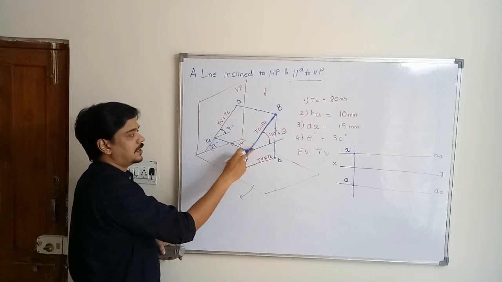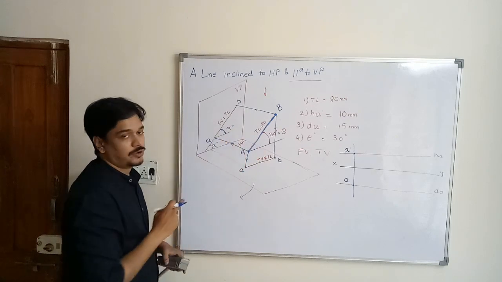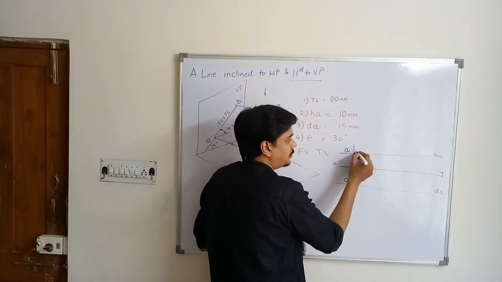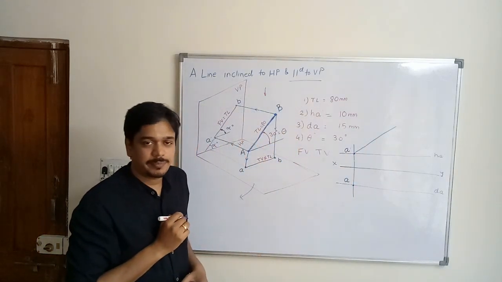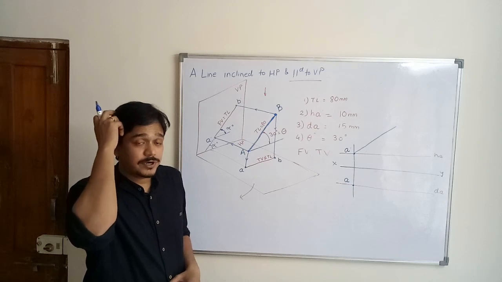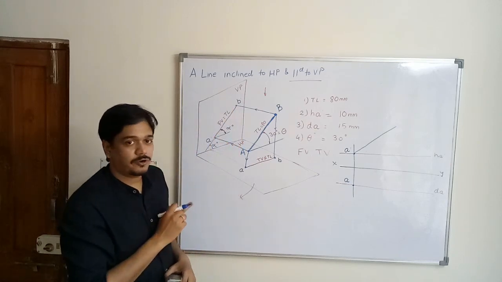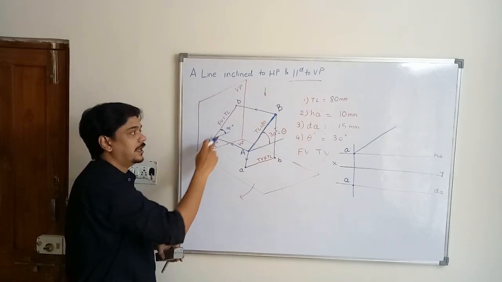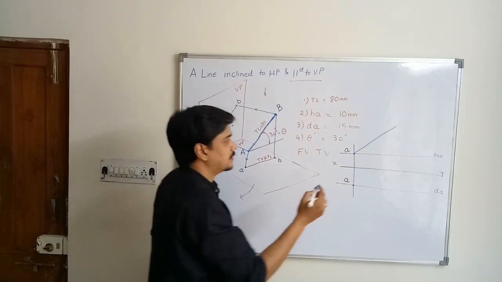Now, since theta is equal to alpha, you will draw a 30-degree line from here representing the front view. That is this, because you have to draw the front view of the line. The length of this is 80. So from A dash to B dash, this length is 80.